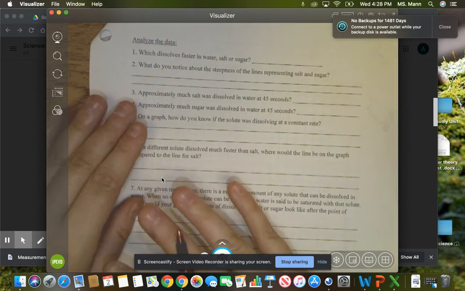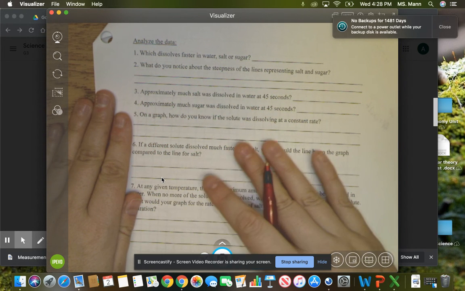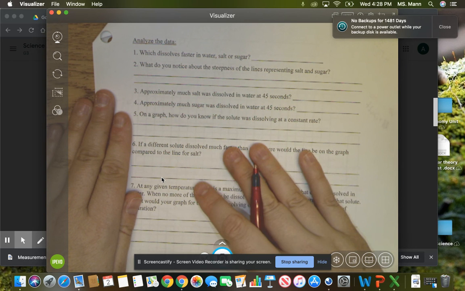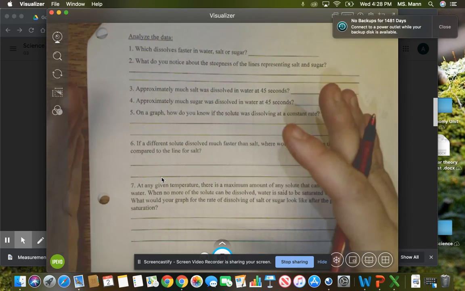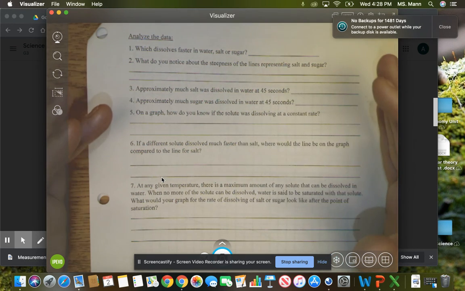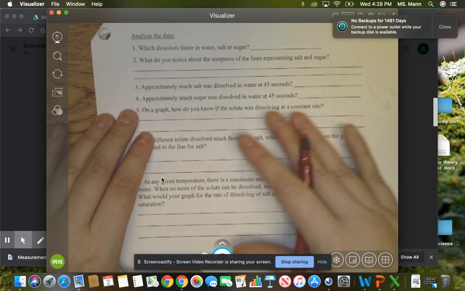Meaning the same amount of solute dissolved at the same increment of time. It stayed constant. So you could have 2 teaspoons of salt dissolving in the water per 30 seconds, right? So you would need to know how to see that on a graph, right? So make sure to use your graph.